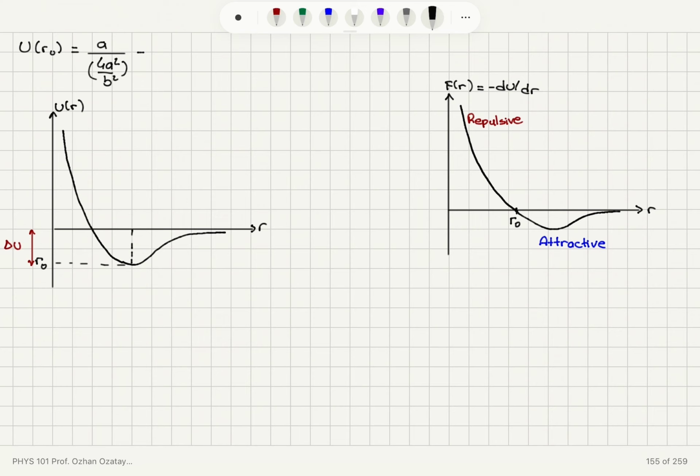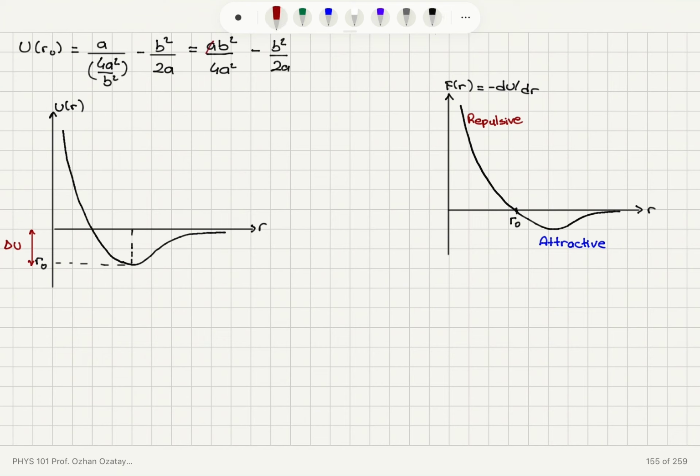This gives us AB squared divided by 4A squared minus B squared over 2A.